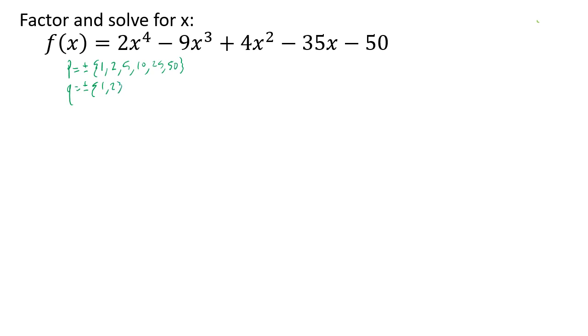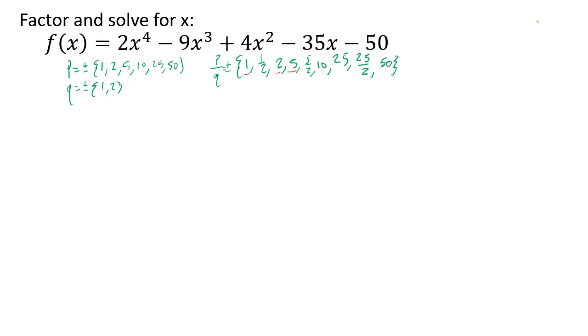So that means p over q, all the possible rational zeros, are going to be 1, 1/2, 2, 5, 5/2, 10, 25, 25/2, and 50. So there's a lot of them there, but just like in the previous example, we're going to start by looking at the plus and minus, the positive and negative versions of those smaller whole numbers, because they're the easiest ones to check.